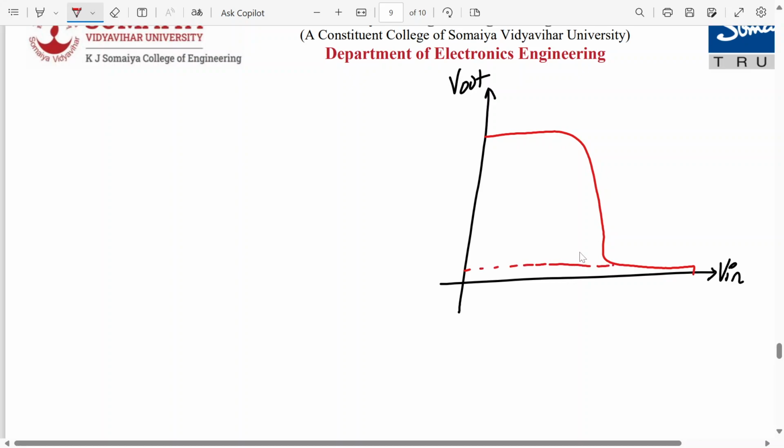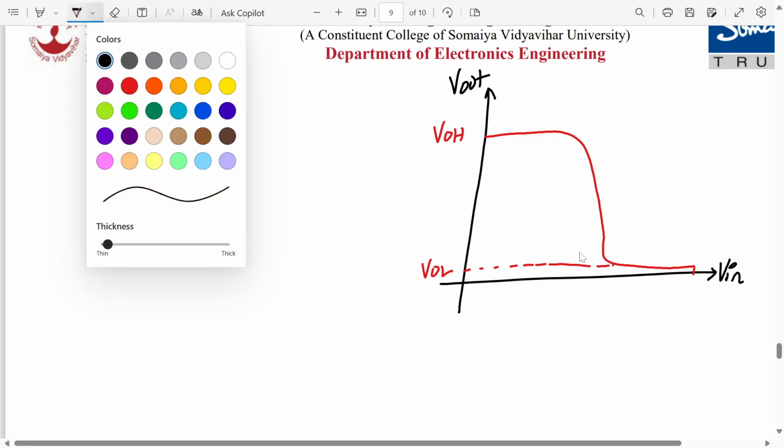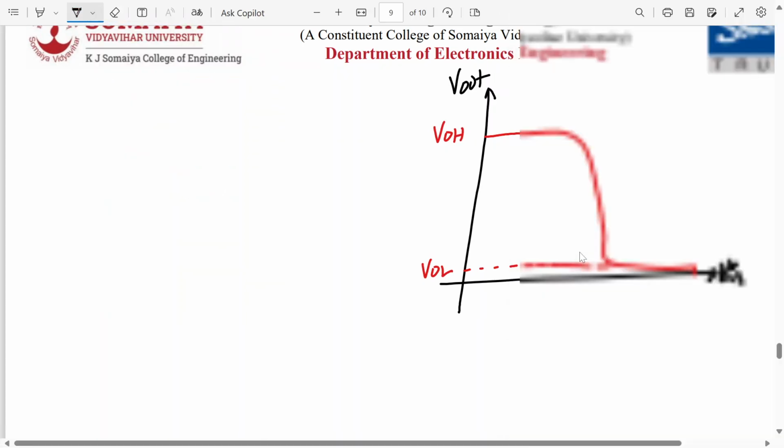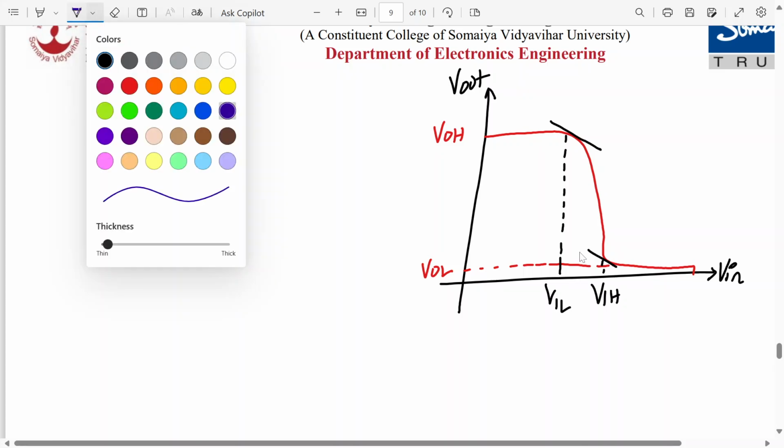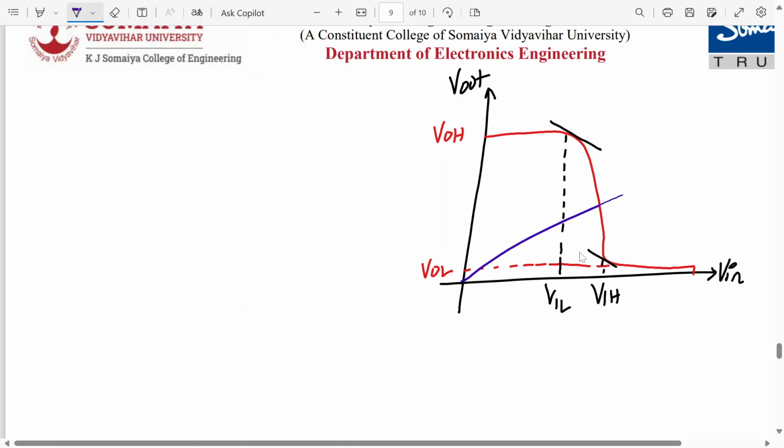This is VOL, VOH, then here we have VIL, VIH, and this is the V out equal to V in line. Whenever it intersects, we write that point. This is VTH. We have to write the summary now.